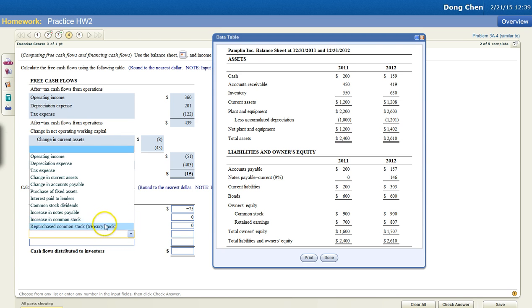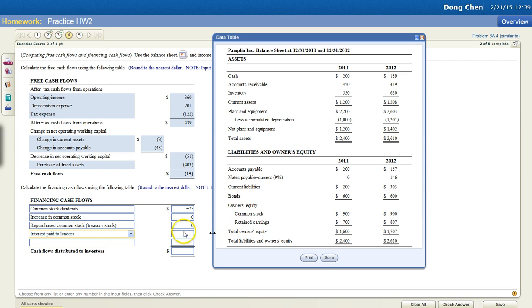So then the second part of the financing cash flow is from the creditors' perspective. From the creditors' perspective, we know the first cash flow that can take place is the interest expense. So we find the interest paid to lenders. Obviously from the firm's perspective, that's a negative cash flow.